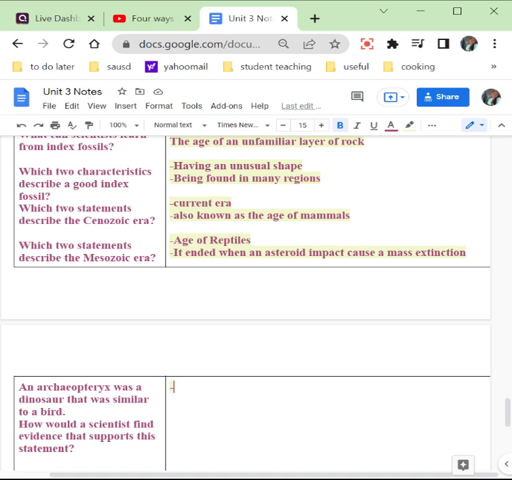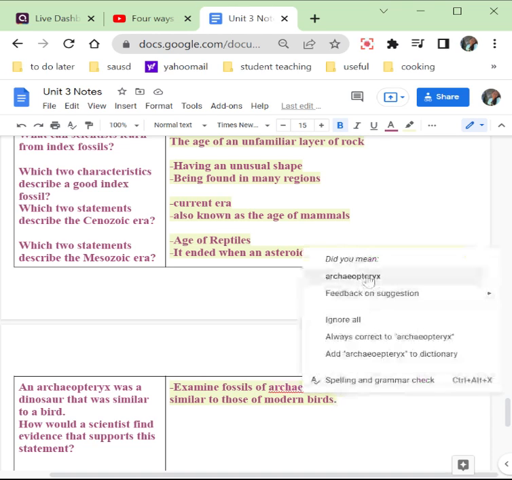So, how they can prove their hypothesis is that they can examine fossils of Archaeopteryx and look for structures similar to those of modern birds. And if they are able to find one, that would help support their point.